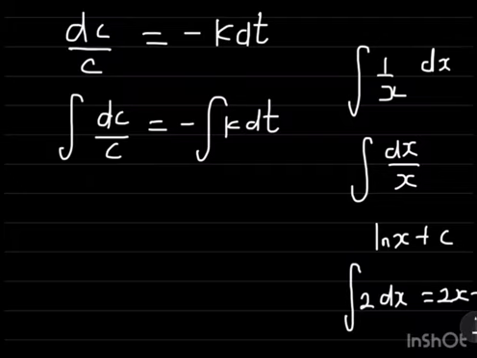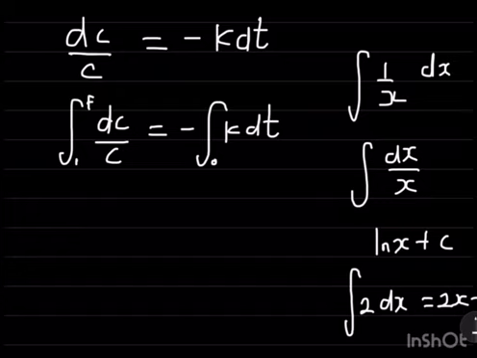So let's note this one. The integral of dC over C, as C is changing from its initial state to final state, and the integral of k dt, as t is changing from time 0 to time t in the future.